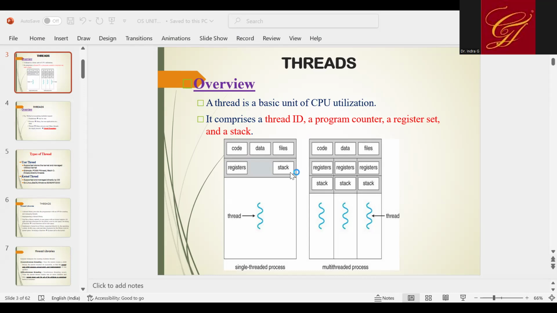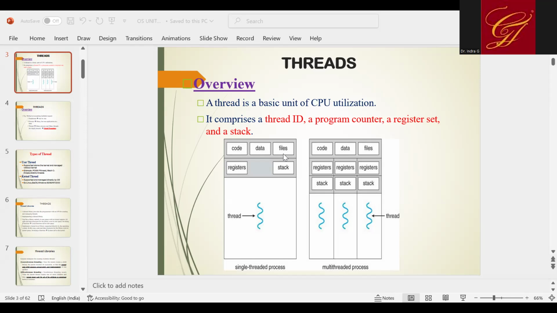To store the data, you have the data portion. To organize the data, it is stored in files, so that section is referred to as the file section of memory, and registers and stack hold the data during execution.